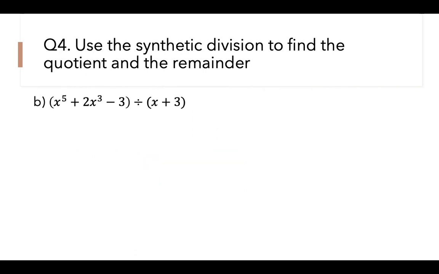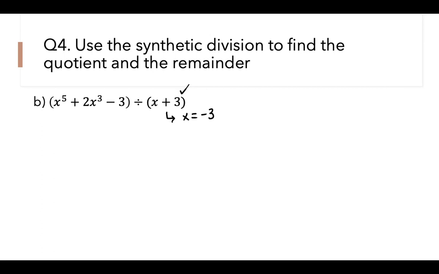Let's try again. We're going to use synthetic division. Check that it's linear, which is x to the 1, and we can conclude that the zero for my divisor is x equal to negative 3. Now for this one, unfortunately, the dividend doesn't decrease, and it's missing x to the 4, x to the 2.